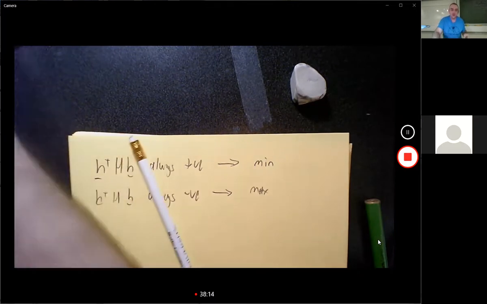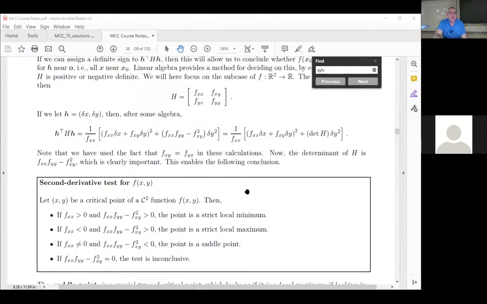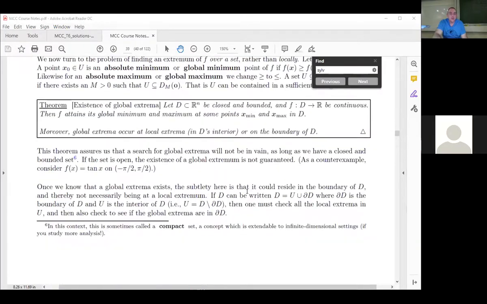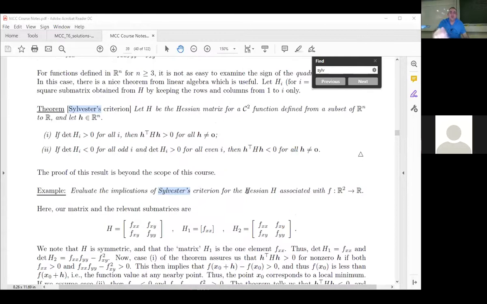Okay, so then the notes say that Sylvester's criterion says that if the determinant of every smaller matrix from the top left of this big matrix H is always positive, then h transpose H h will always be positive. That's what that says. I'm just going to write that down.